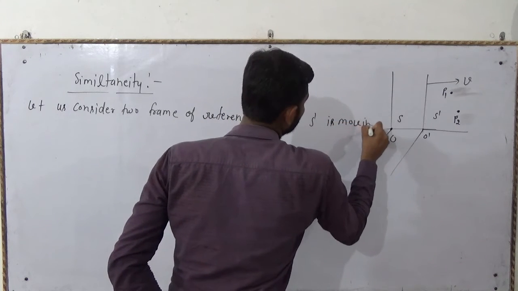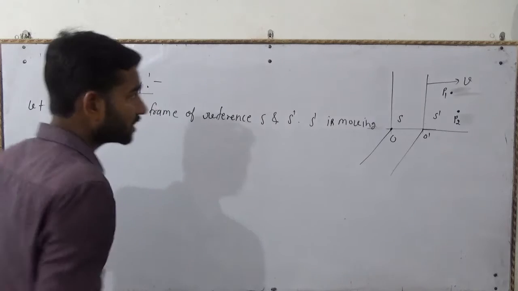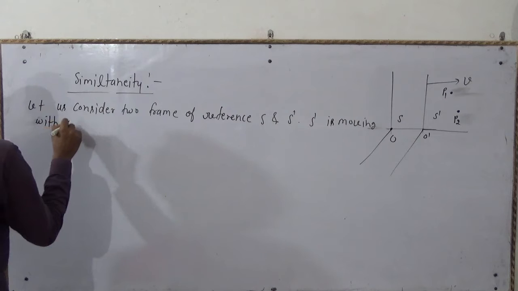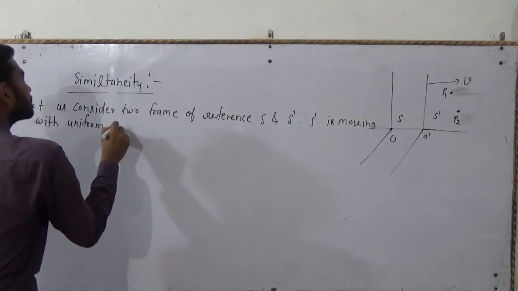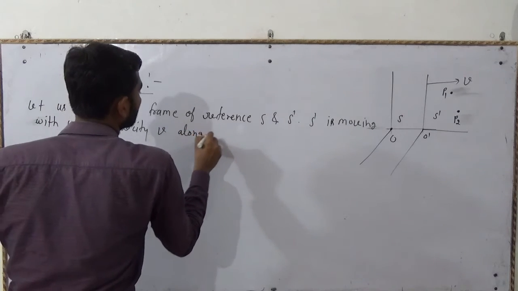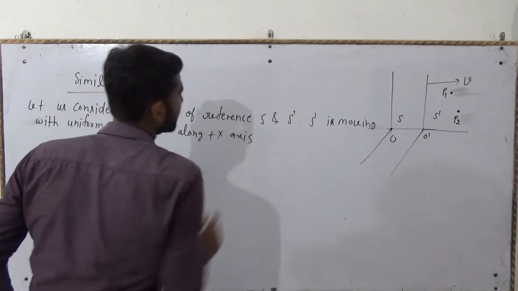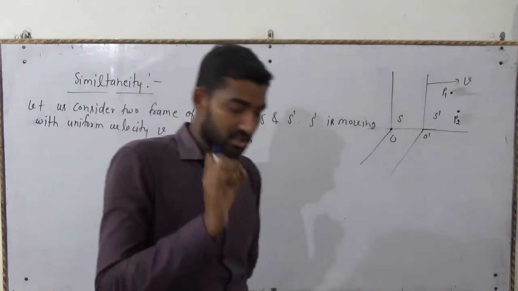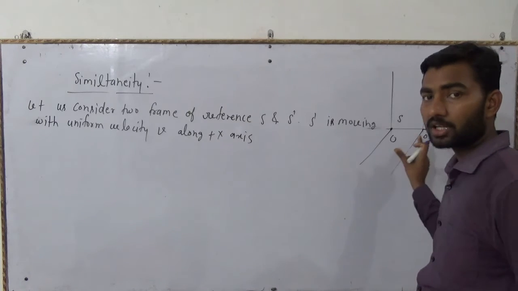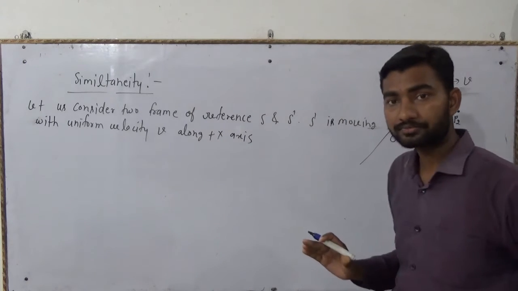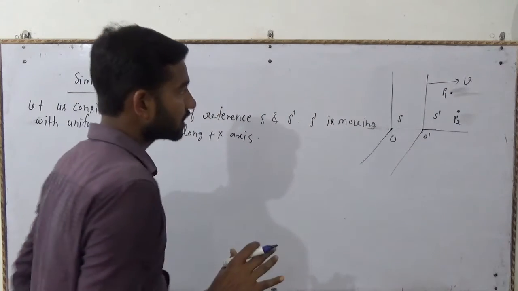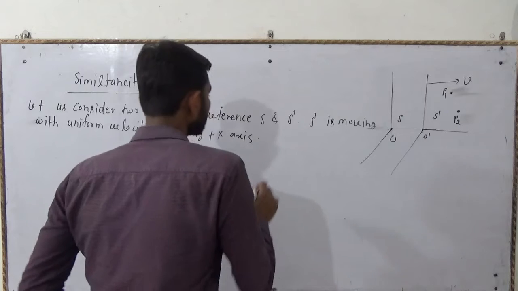The frame S dash is moving with uniform velocity V relative to the frame S along the positive x axis. It is my imagination. Friends, remember please, here also we have assumed two events.